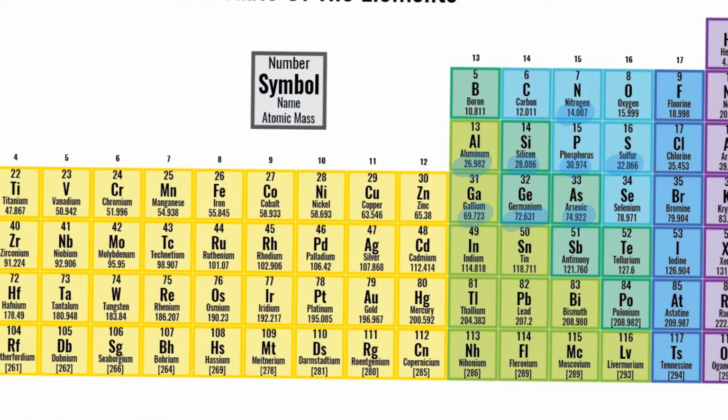32.066. If I had 1 mole of iron, what would be its mass? The mass is 55.845.